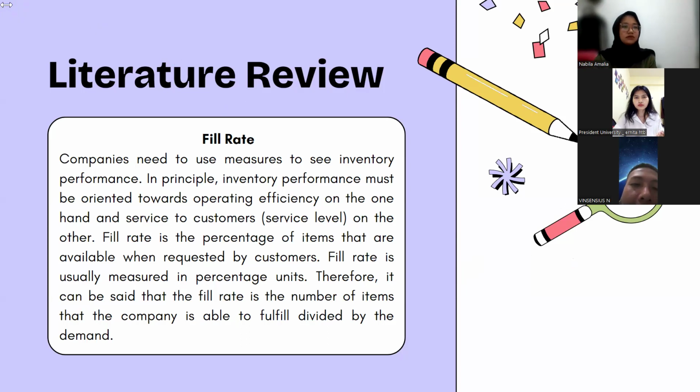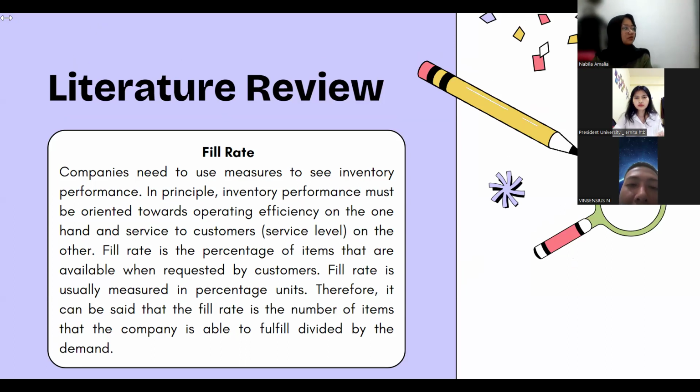So, companies need to use measures to see inventory performance. In principle, inventory performance must be oriented towards operating efficiency on the one hand and customer service level on the other. Fill rate is the percentage of items that are available when requested by customers.